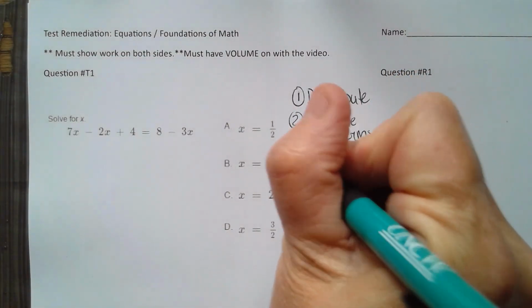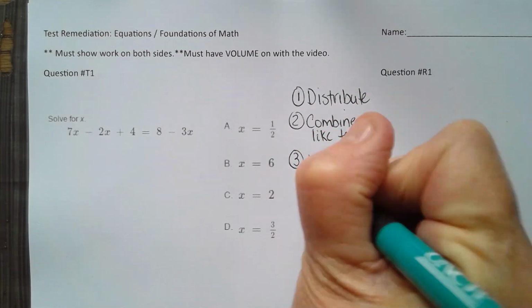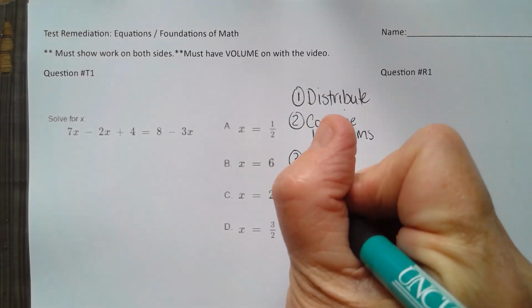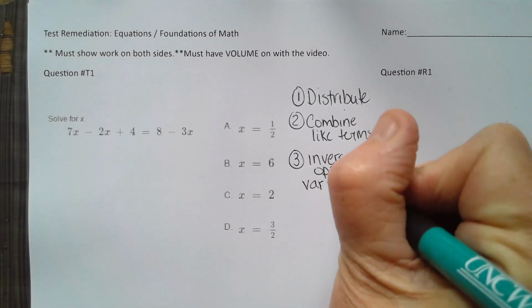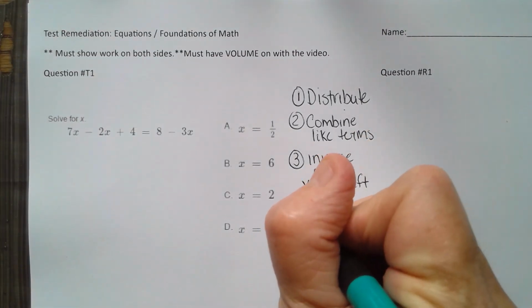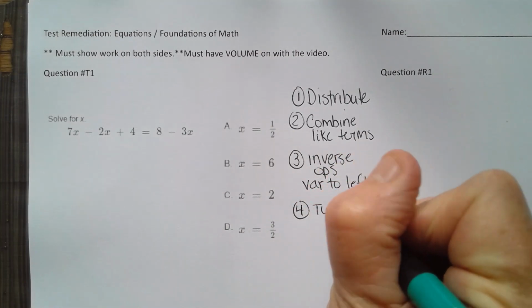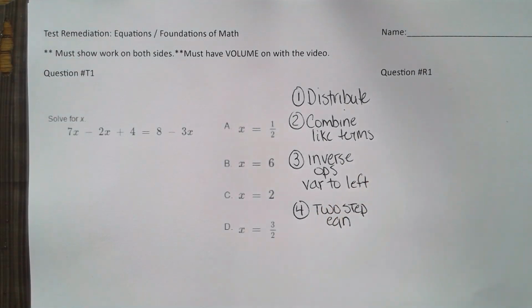Then we need to do inverse operations to get the variables together on one side. And I like putting them on the left-hand side. And when you do that, you're going to be left with a two-step equation to solve. Okay, so those are your steps.